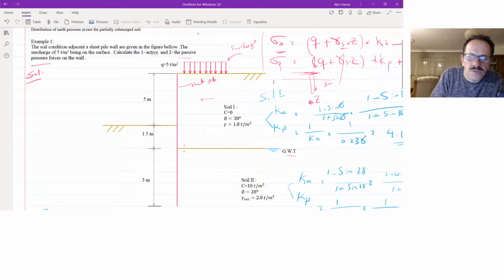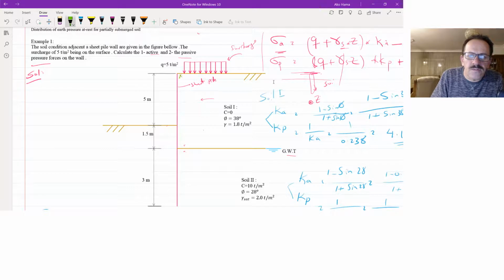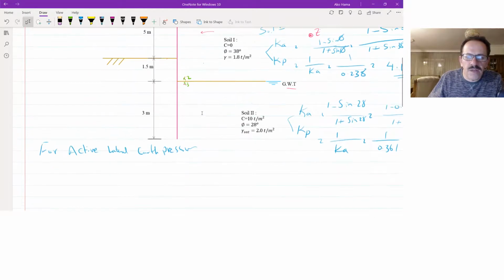So what we have to do first is make sure we have the points here. This is going to be point 1, and this will be point 2, because here we have two different soils. I will take one above and one below. This is going to be 1, 2, 3, and the final point is going to be here.